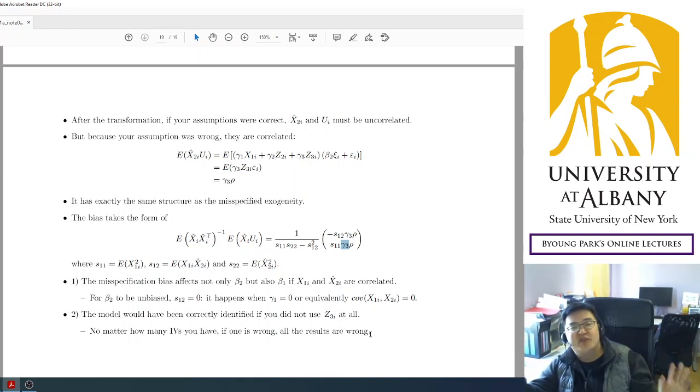Everything is biased. So if you are uncertain about including a new instrument, then don't do that. You have to make sure all the instruments satisfy the exogeneity assumption. Otherwise, a small problem causes a big result. So that's the conclusion, and this is it.